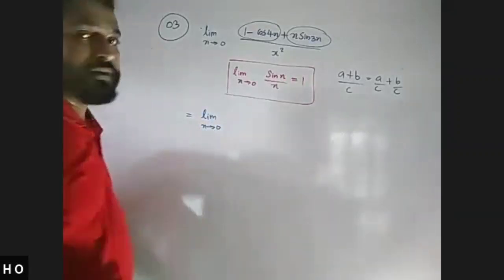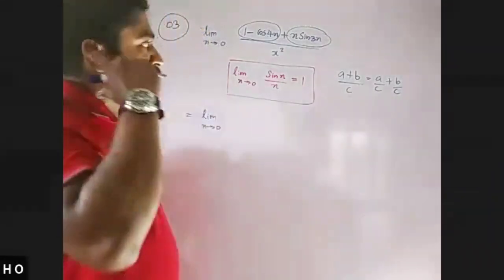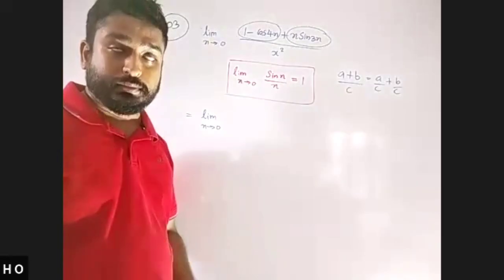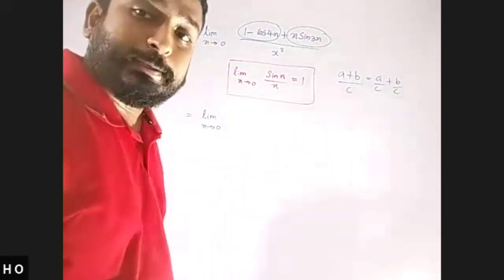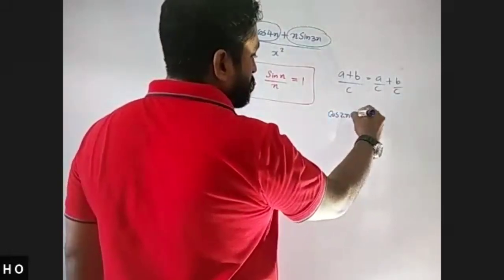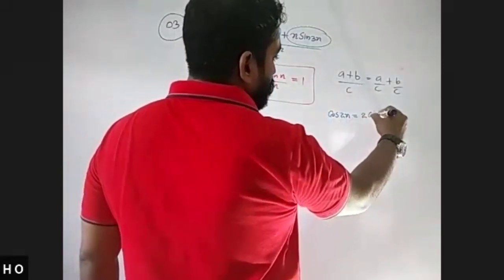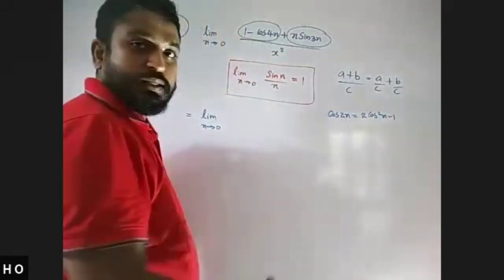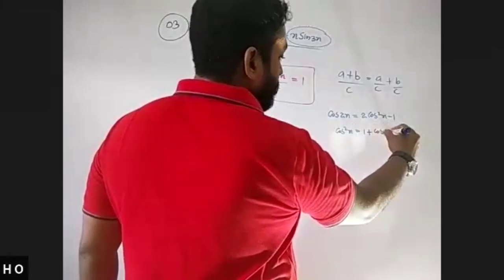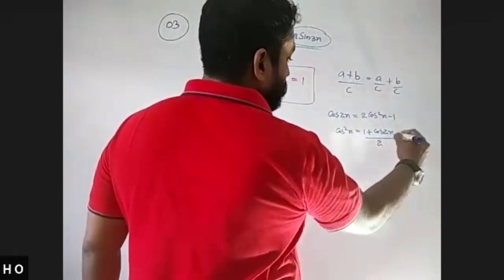By trigonometry, what you need to use is the power reduction formula, which is regarding double angle. Of course, cos 2x is 2 cos squared x minus 1. There you can write cos squared x as 1 plus cos 2x over 2.